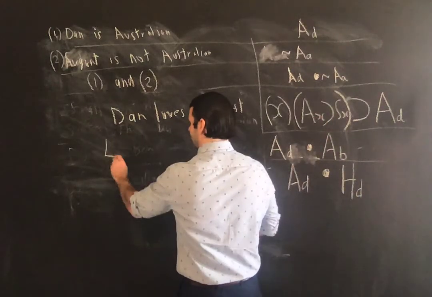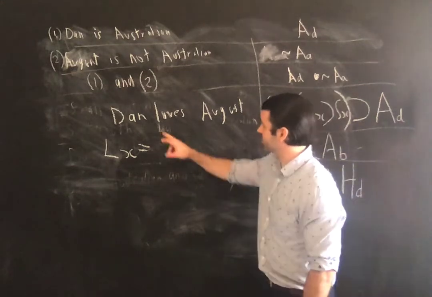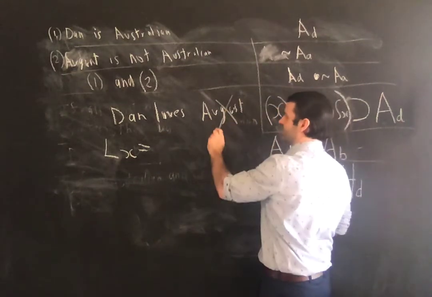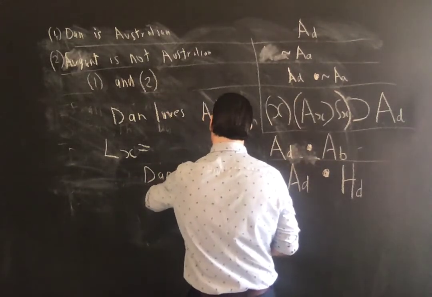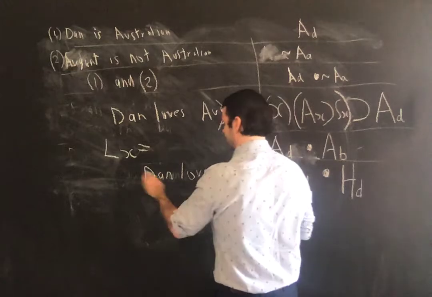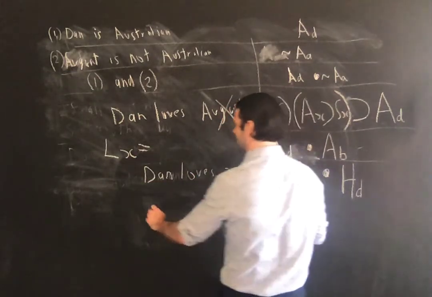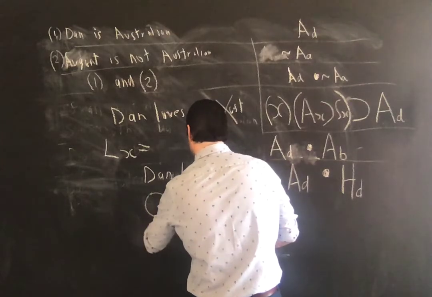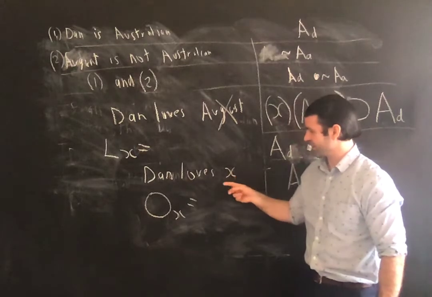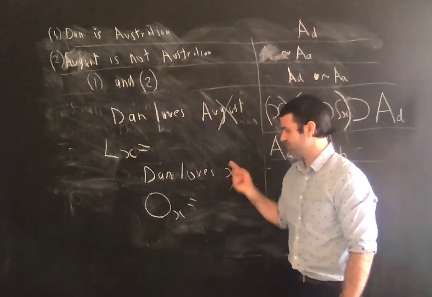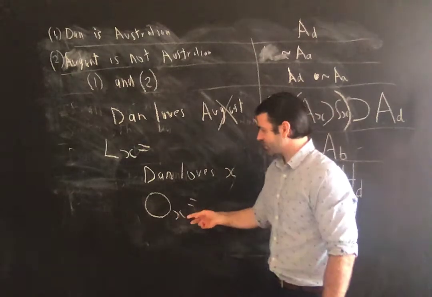So I could have LX equals X loves August, or I could replace the other name with a variable and say Dan loves X, and I might define that as OX, Dan loves X. And I could replace this with different names: Dan loves Eden, Dan loves Uchenna, various people that I love.